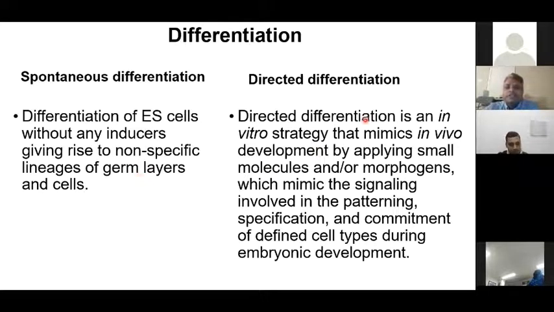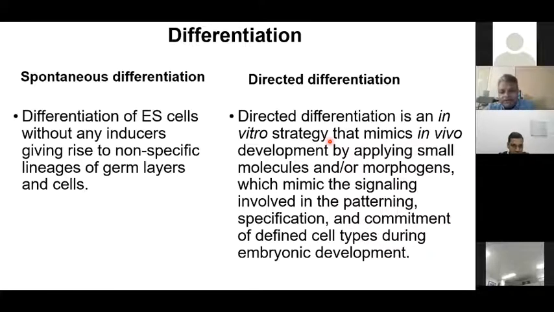On the other side, there is a directed differentiation protocol, and in this in vitro technique, we add small molecules or morphogens or growth factors. We also call them inducers. After we add them, they are involved in patterning.